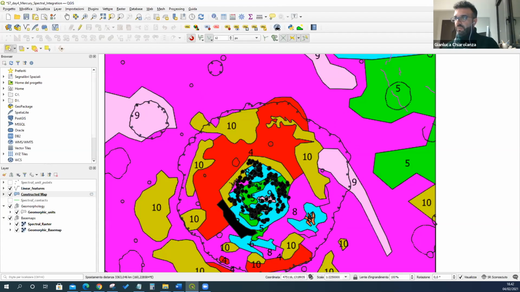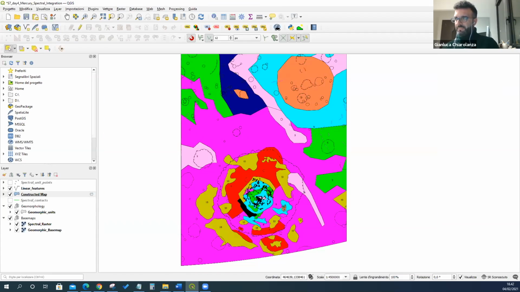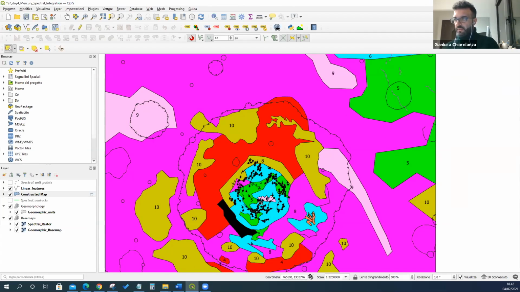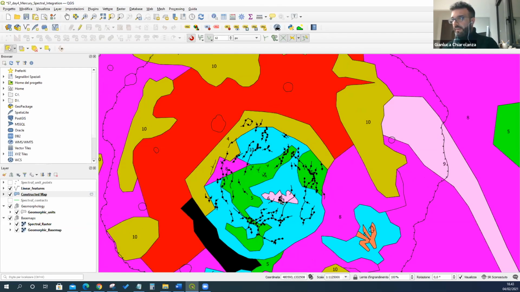And also there was a variety of spectral units within the crater floor contained inside the inner ring, which include spectral units 5, 9, 6, and 8, maybe even 10.